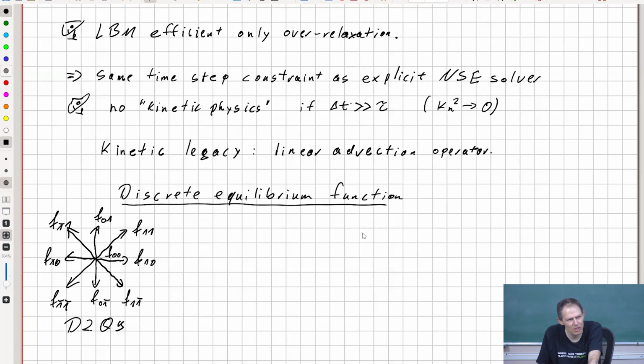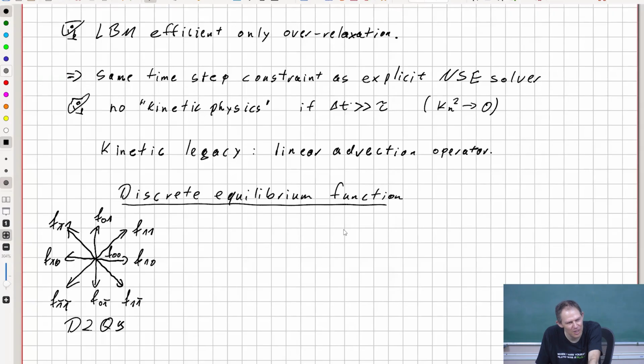You have a question? Please use the microphone. The advection equation in the Lattice-Boltzmann equation, is it considering both the convection as well as the diffusion term in the Navier-Stokes equation? Okay, can you say that again? So we have only the advection term. We don't have a diffusion term in the LBM. So diffusion works in a different way.